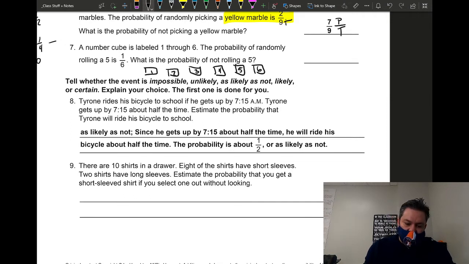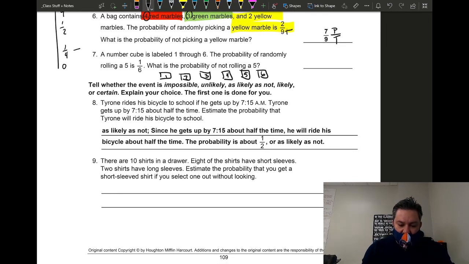It says he gets up by 7:15 half of the time. So one day yes, one day no. One day yes, one day no. Estimate the probability that he will ride his bike to school. Well, it's as likely as not, right? Because one day he wakes up early, the other day he doesn't. So it'll be half, which is as likely as not. And that way you can also do number 9.